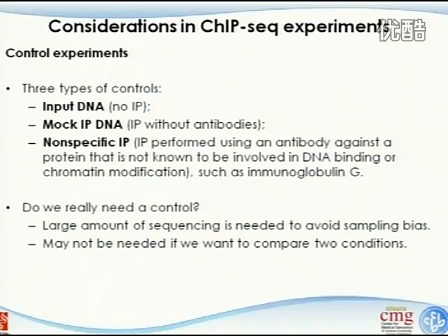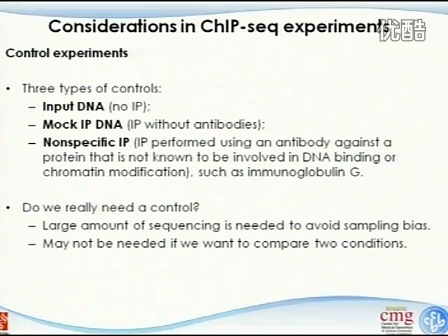And so there's another group who favor that we don't really need a control. The first reason is that a large amount of sequencing is needed to avoid sampling bias. Because when you do the no antibody or whatever this type of control, you are trying to just sample this part of DNA, that part of DNA. If you really want to sample it well, you probably need to do a lot of sequencing, and that is way too expensive.